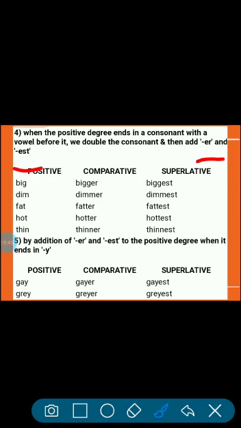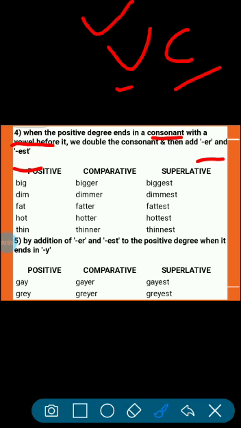When there is a consonant at the end, and with a vowel before it, last is consonant and before that is a vowel, the last two letters should be a vowel, then a consonant. Alright? At that time, what we have to do? We have to double the consonant. Then add simple ER and EST. ER to make comparative form and EST to make superlative form.